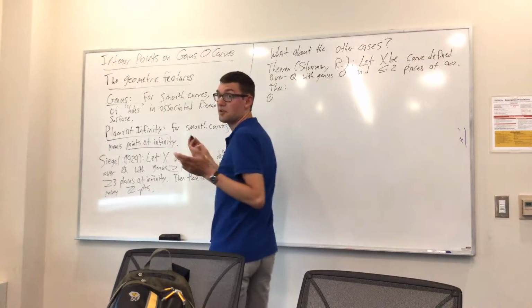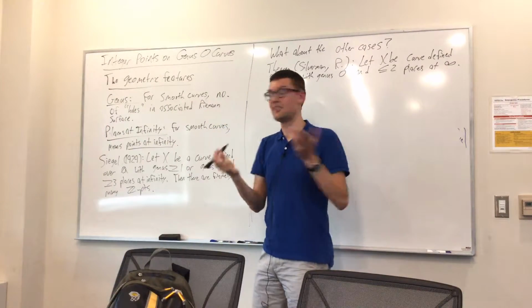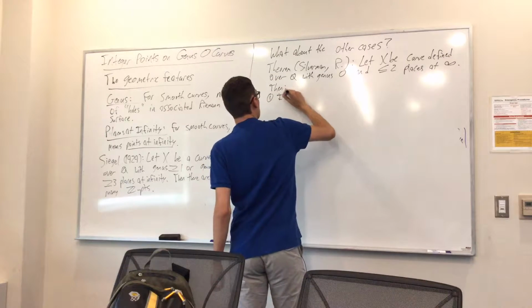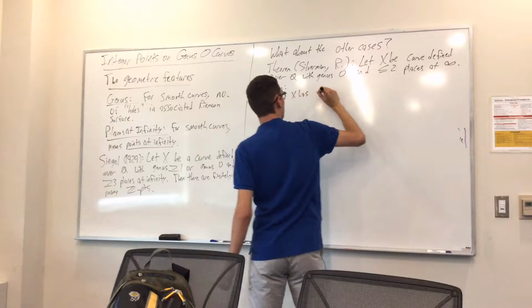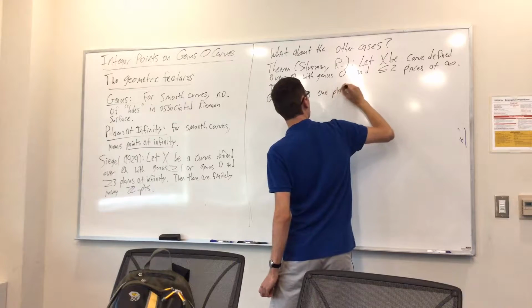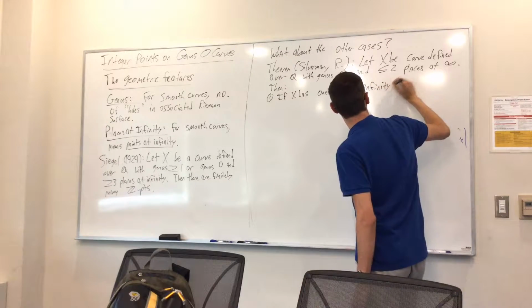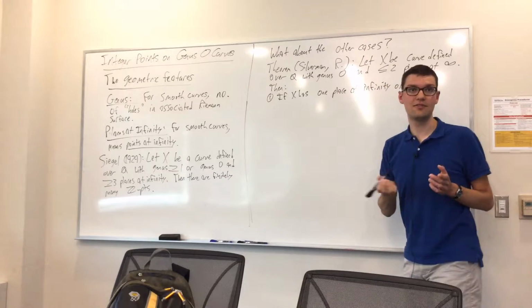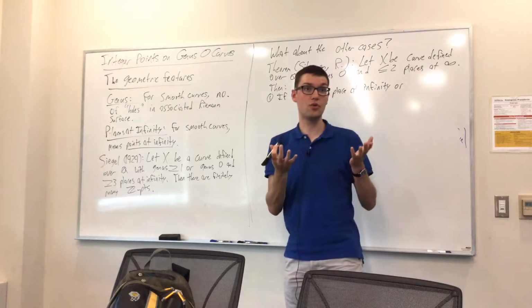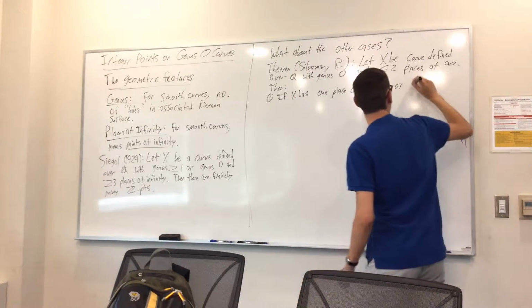So this is going to depend on the number and type of places at infinity we have. So if X has 1 of these, or 2 that have a field of definition given by some real quadratic extension of Q.